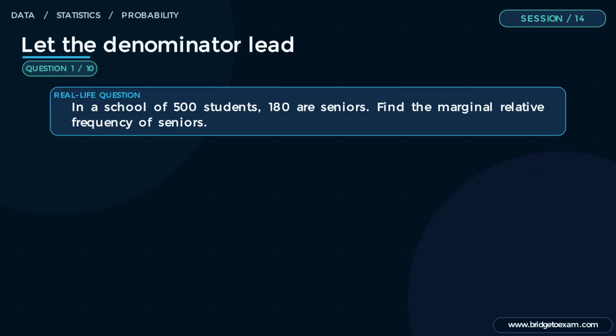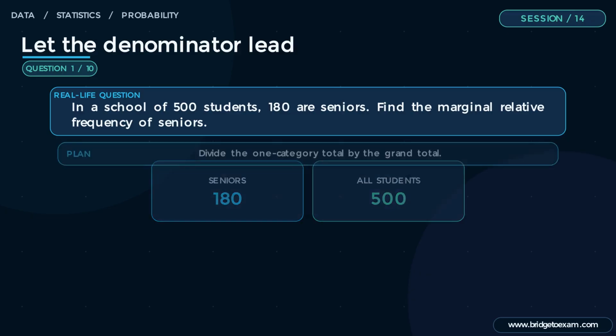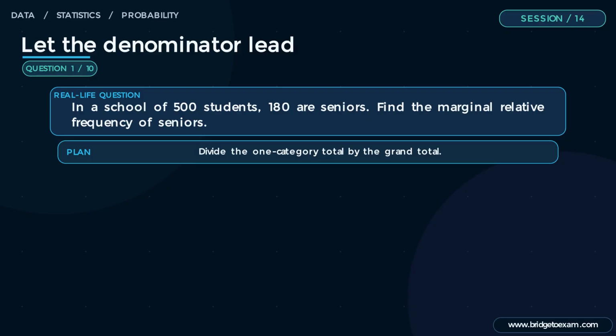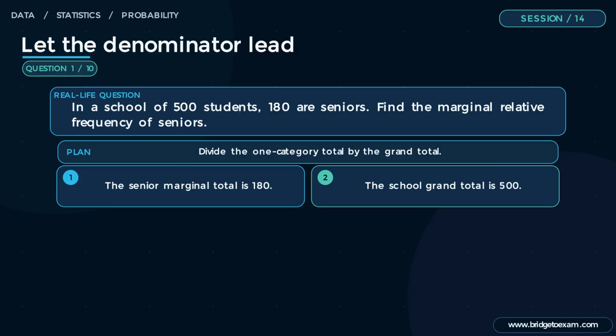Example 1. In a school of 500 students, 180 are seniors. Find the marginal relative frequency of seniors. The key quantities are organized before the arithmetic begins. Plan. Divide the one category total by the grand total. Step 1. The senior marginal total is 180. Step 2. The school grand total is 500.